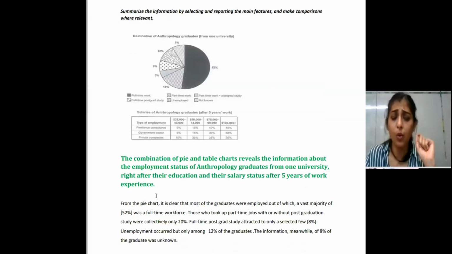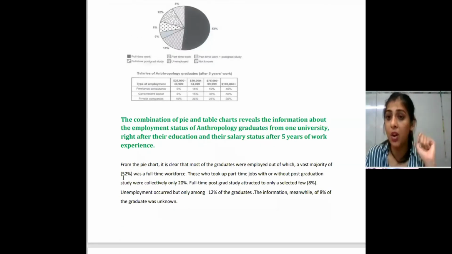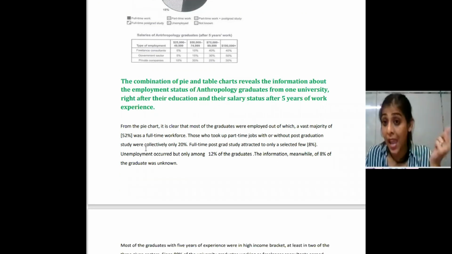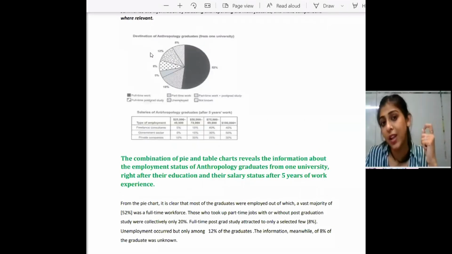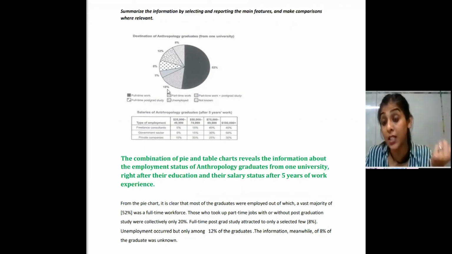Alright? Now, what else? In the body paragraphs, students, the mistake you make, as I told you earlier, is that you go for minor details. Minor details do not actually make for a high score. What you need to do is first of all add an overview. What's the overview? What you can see from this pie chart is an overview. 52% are full-time workers, 15% are part-time workers, which means 52 plus 15.